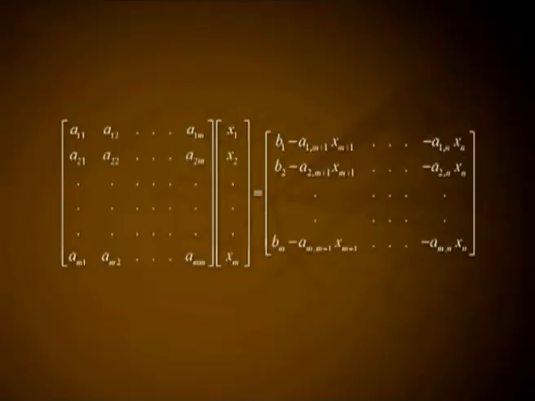x is the matrix (x1, x2, etc., xn) transpose. Ax = b can be written as the matrix a11, a12, etc., a1m; a21, a22, etc., a2m; etc.; am1, am2, etc., amm, into the column matrix x1, x2, etc., xm, equal to the column matrix b1 - a1m+1 xm+1 - etc. - a1n xn, b2 - a2m+1 xm+1 - etc. - a2n xn, etc., bm - amm+1 xm+1 - etc. - amn xn.